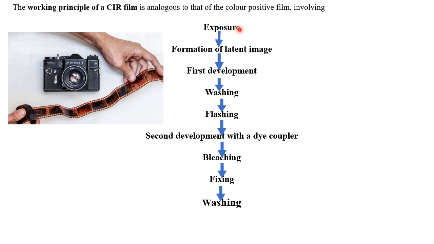Now by this point we can understand this phenomenon. First, exposure. Earlier I have explained, exposure means when we take a photograph and then we get the latent image, and after this the developing process takes place, and after this we wash the negative, and again flashing, then dye coupler.